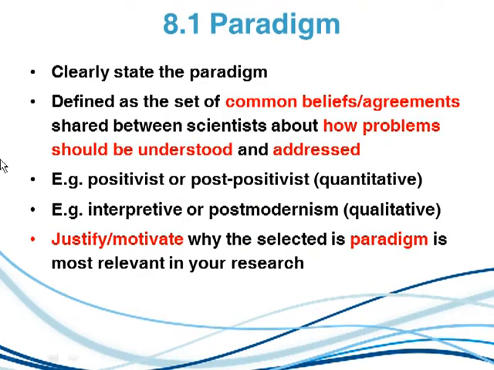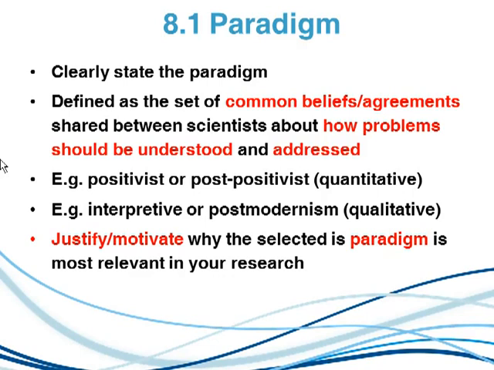So let's just go through all the different methodology elements. Firstly, the paradigm. This is a set of common beliefs or agreements that are shared about the sciences about how problems should be understood or addressed. So that's the definition. But generally, I'm just making it very simple for you. If you're doing quantitative research, you're mostly using either a positivist or a post-positivist paradigm.